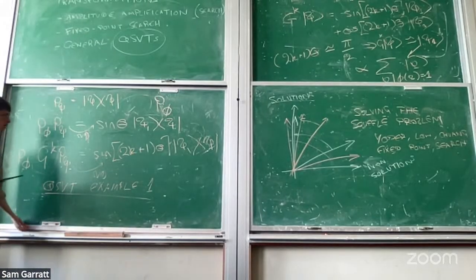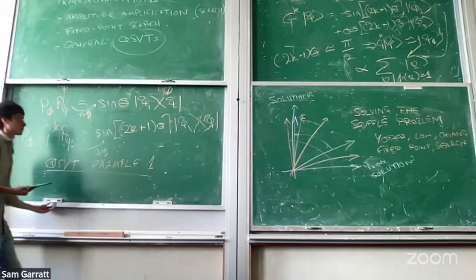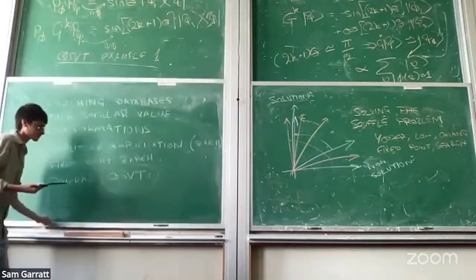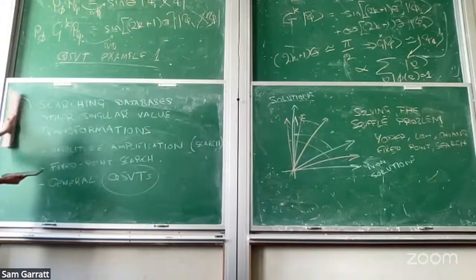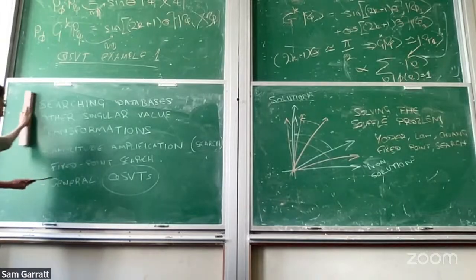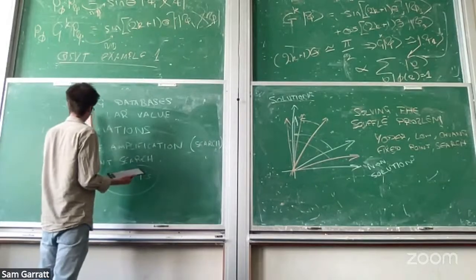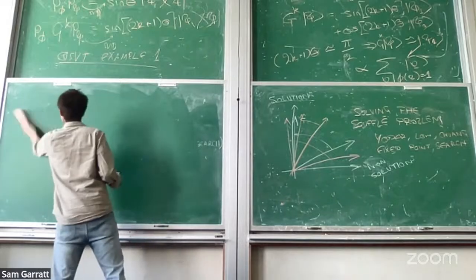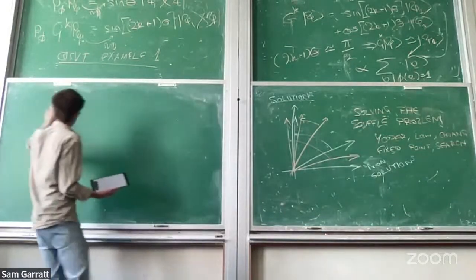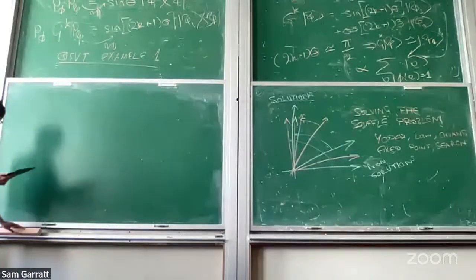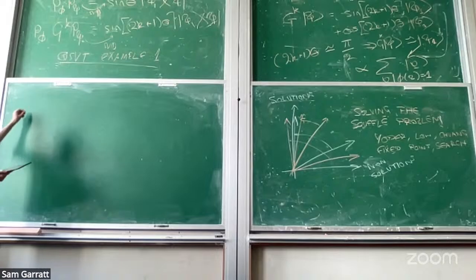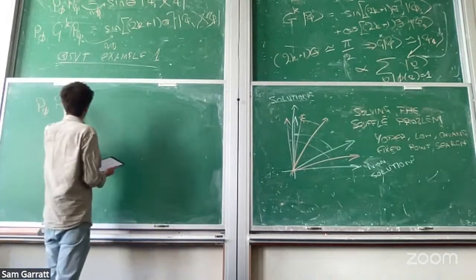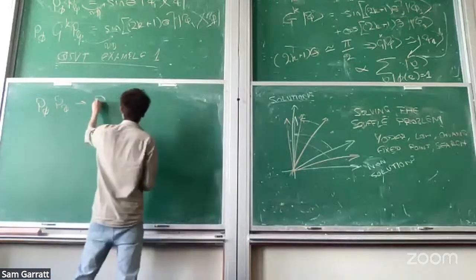So the amazing thing, if I can move this out of the way, is that you can go quite a long way by generalizing this idea. So the idea now is, let's say we had these projection operators as written above. And now we're going to find a unitary to sit between them.